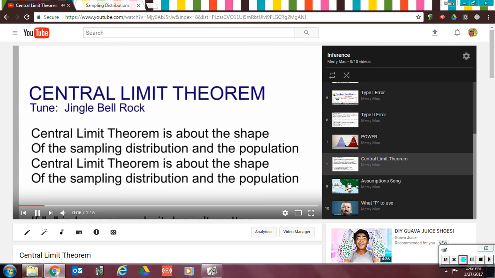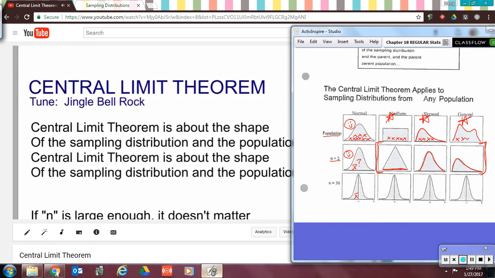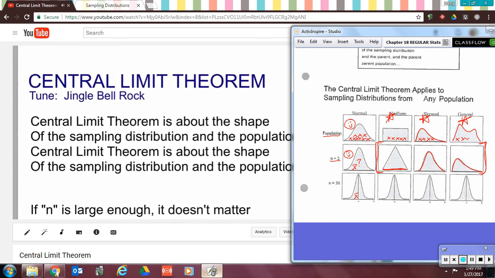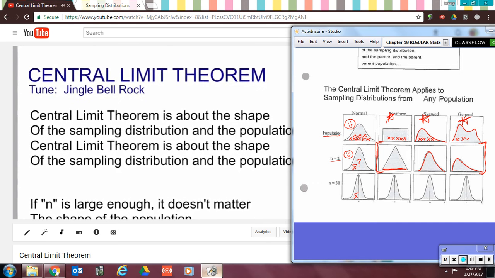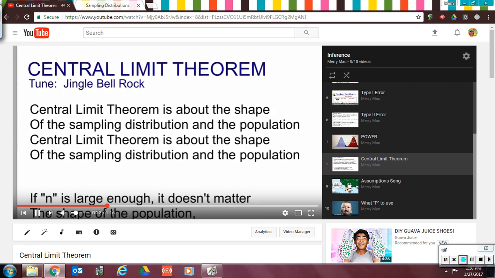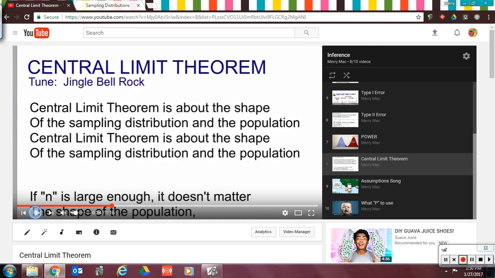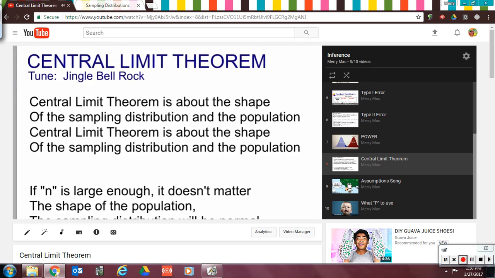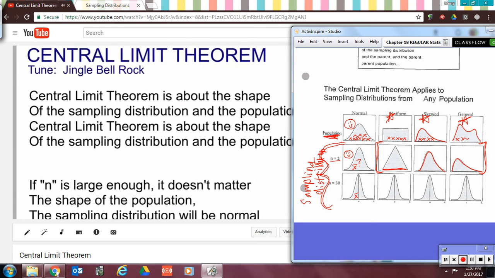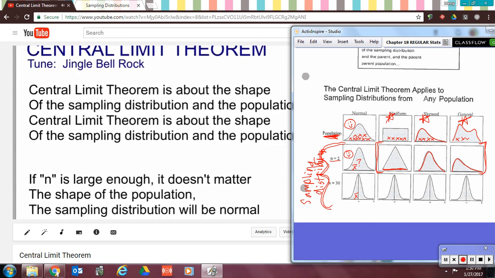Central limit theorem is about the shape of the sampling distribution and the population.